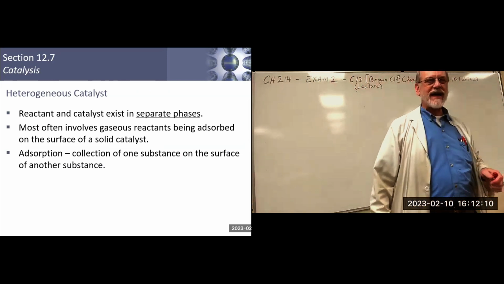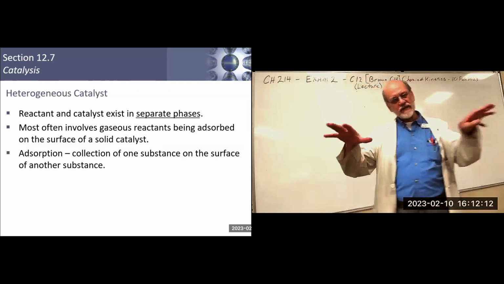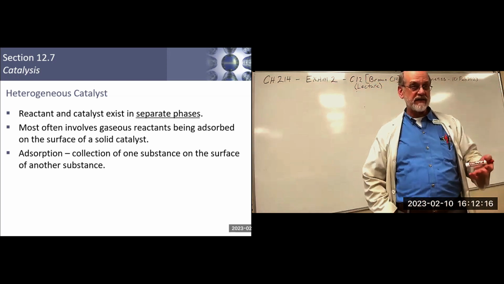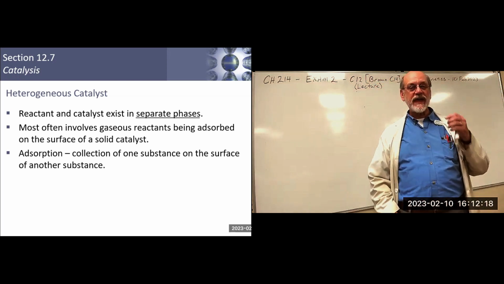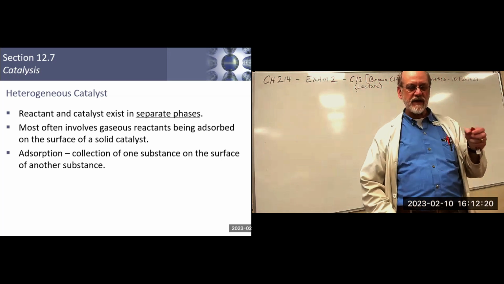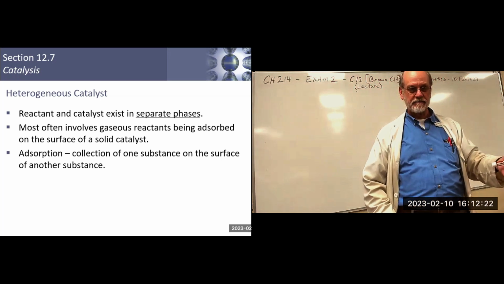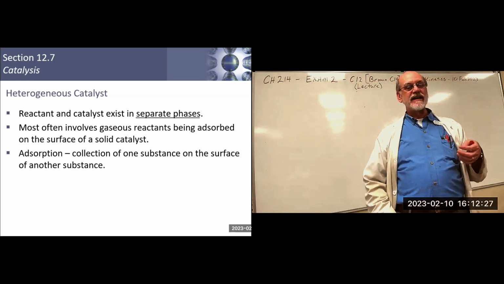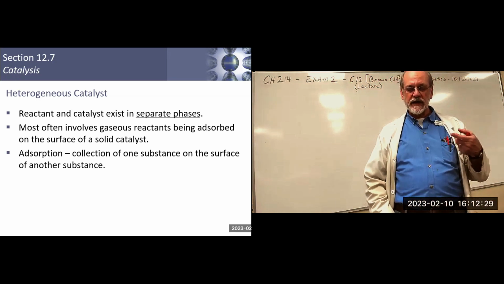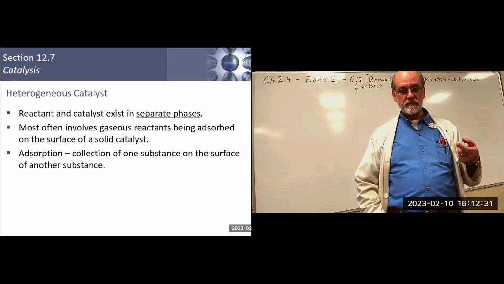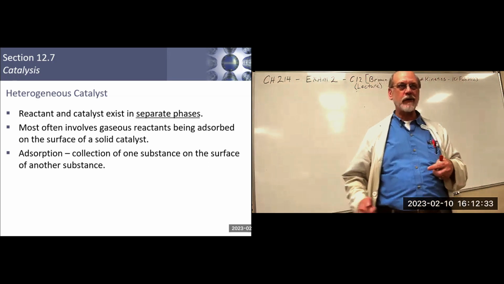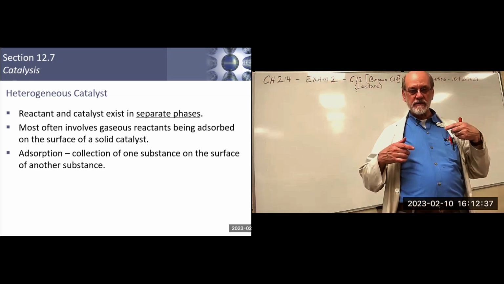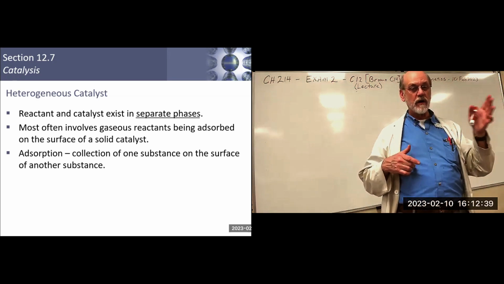And when we talk about catalysts, we can subdivide them into two categories. The heterogeneous catalyst is one where the catalyst is a different phase than the reactants. So, for instance, in the exhaust of your engine, most modern cars have a catalytic converter, and the reactants blowing through that catalytic converter are all gases.